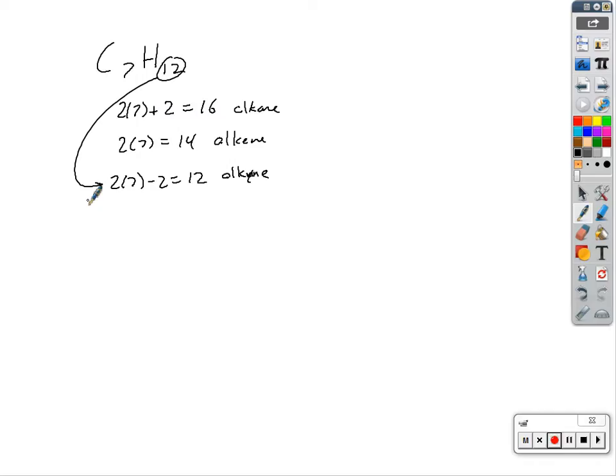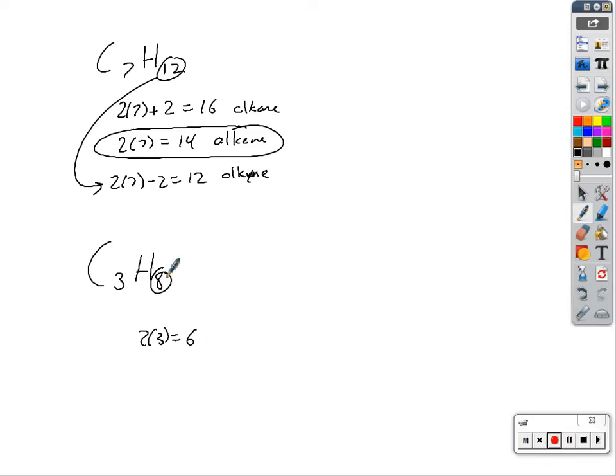You can run through all 3 equations and see which one it matches. Or one of the things I suggested you do is focus in on the alkene equation, the one that's in the middle. So let's say we have C3H8. Focus in on the one in the middle. Try the 2n first. 2 times 3, well, that would be 6.